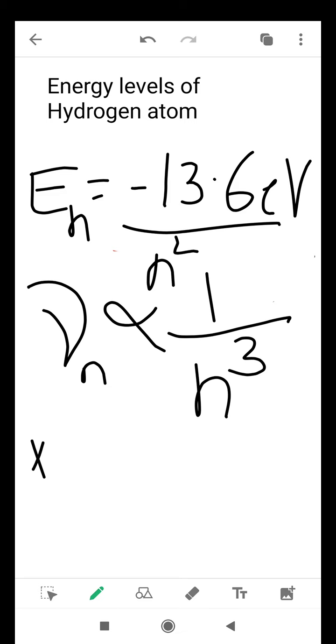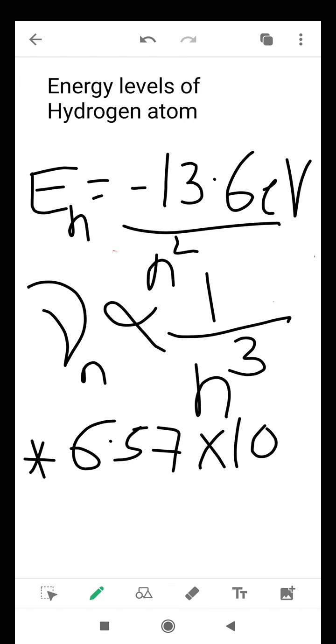So the frequency we determined, that is 6.57 into 10 to the power 15 revolutions per second. With this much of frequency, the electron is revolving in its orbit, so that is for n equal to 1. So this is what we studied in the last session.